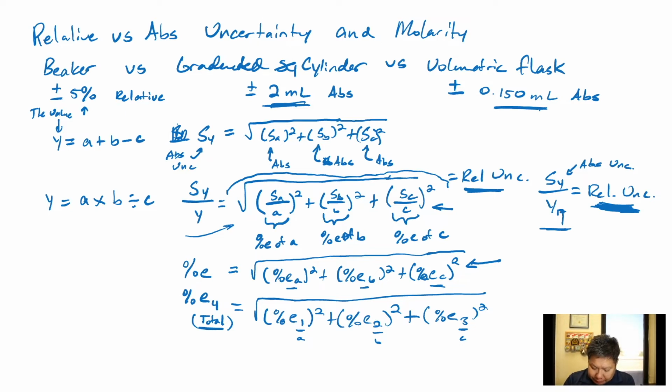But I would never use something that prints a relative uncertainty on the glass, because you already know that's going to be really bad. If you think about it, say you have a 250 milliliter beaker, and I guess it goes by 50 mils.